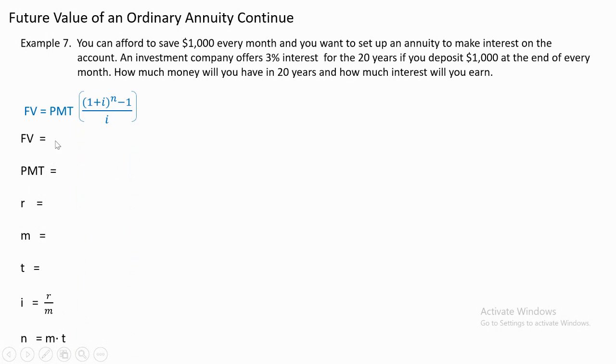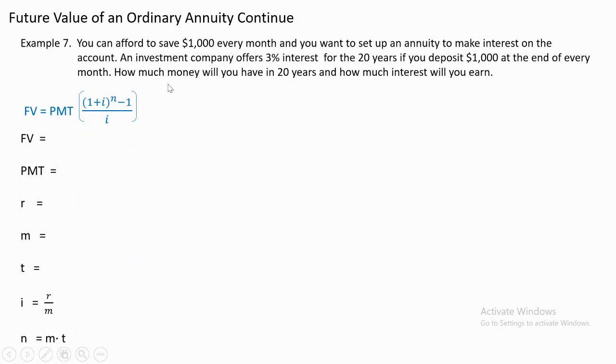I guarantee if you do it like this, your professor is going to like that, because it means you're not all over the place, you have organized data, and you extract all the info from the word problem into the category that goes here. If you do this, I guarantee your instructors are going to be real happy because of the work you're doing. But anyway, let's see what we're looking for here.